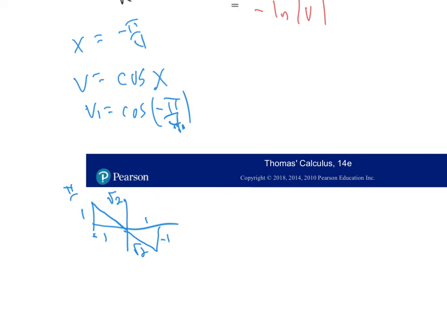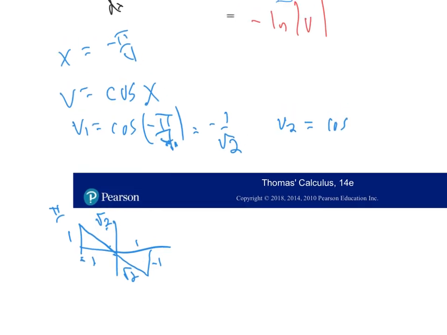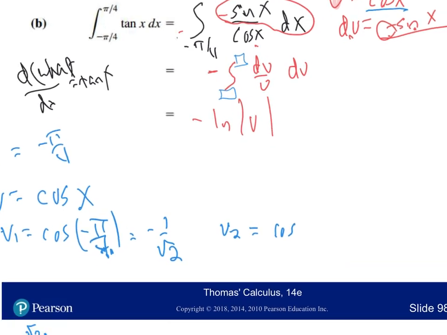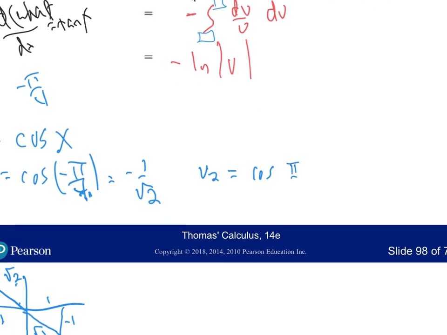So what is the cosine of pi over 4? It's adjacent over hypotenuse, negative 1 over the square root of 2. If I'm doing u2, that would be the cosine of the other one, I did the negative, I do pi over 4.